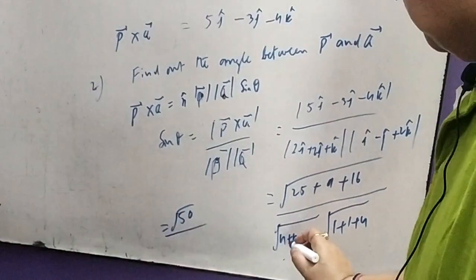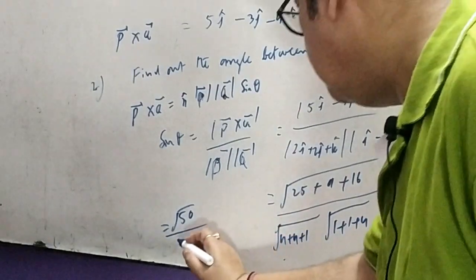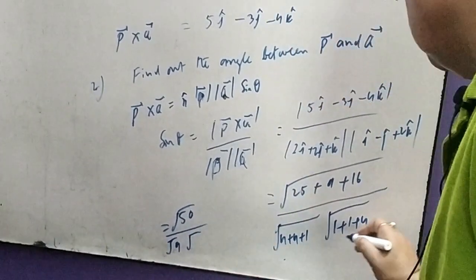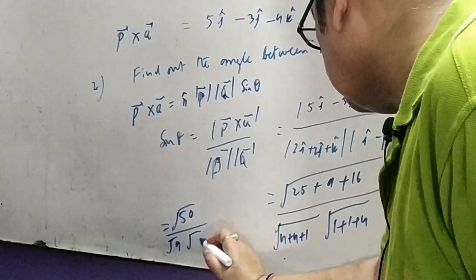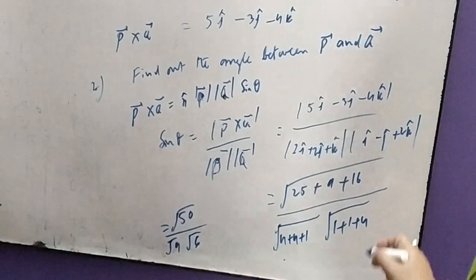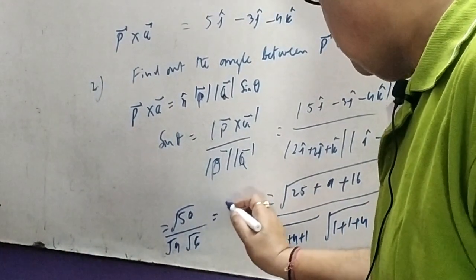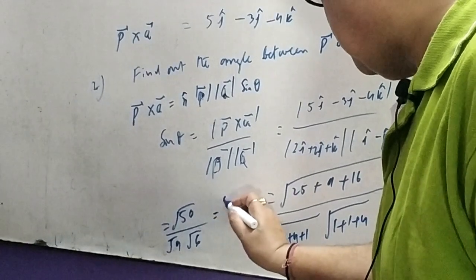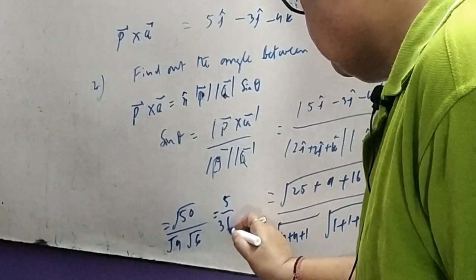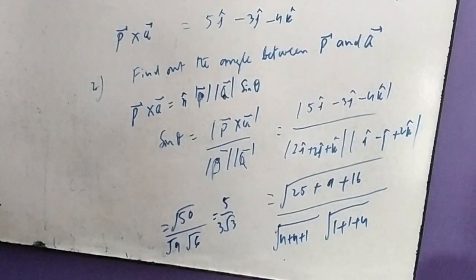And here what we have? 4 plus 4 plus 1, 9. And it is 6. Under root 9, under root 6. Okay. Now under root 50, under root 6, 2 cancel out. And under root 25 means 5. And it is directly 3. This will be the resultant.